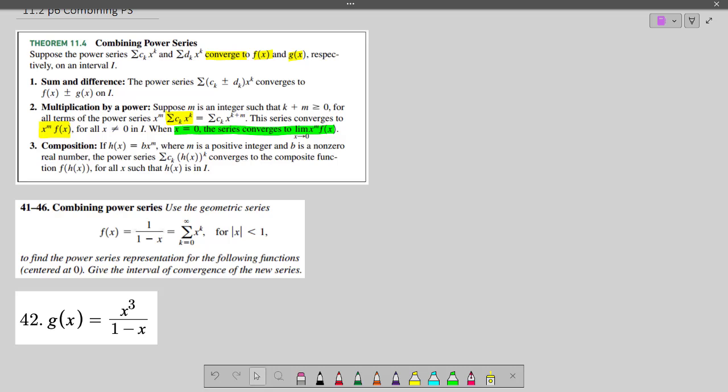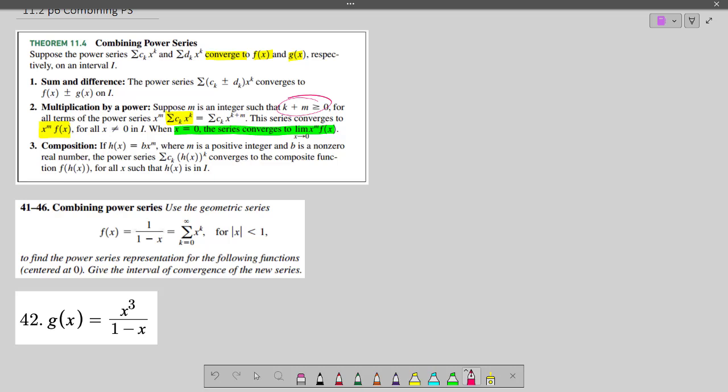The highlight here, they say k plus m has to be greater than or equal to 0 because this has to be a power series, which means the powers cannot be negative. But it's possible for this k plus m to be positive and the m to be negative, which would force you to have to take a limit. But again, in practice, you're not going to see it. But that's why it's there.